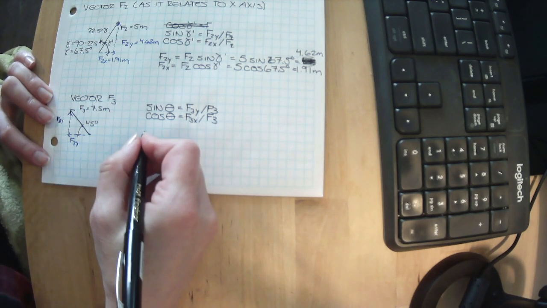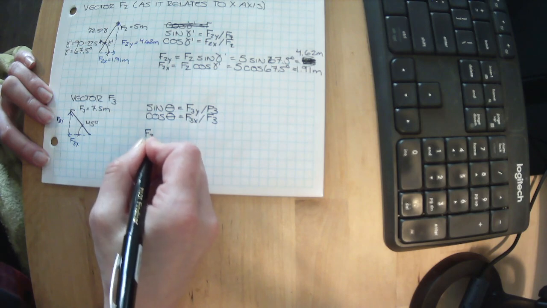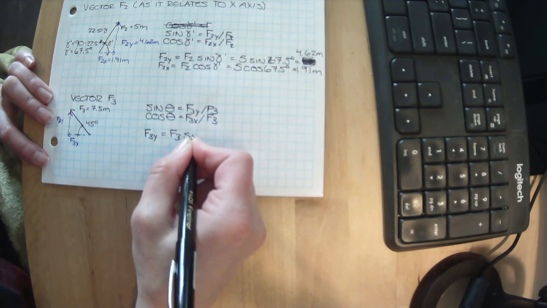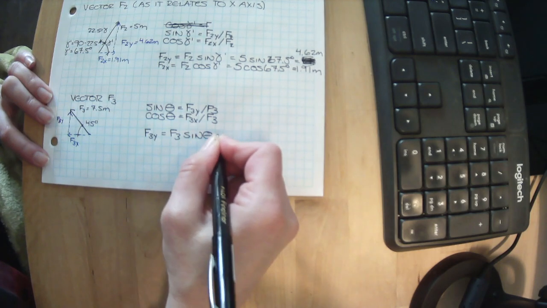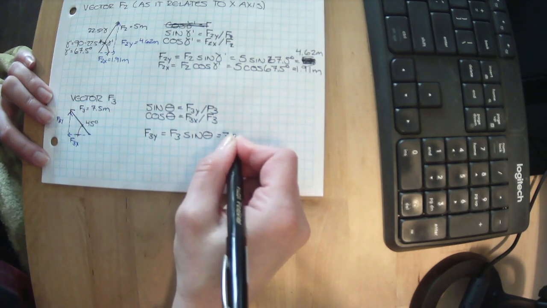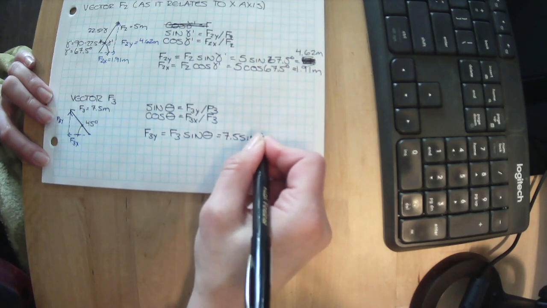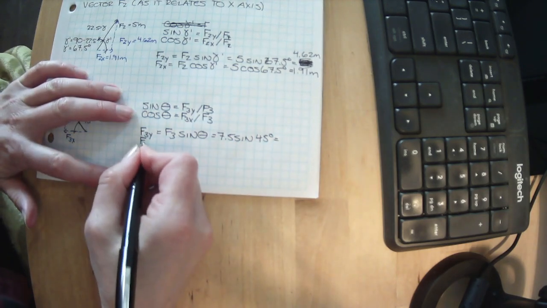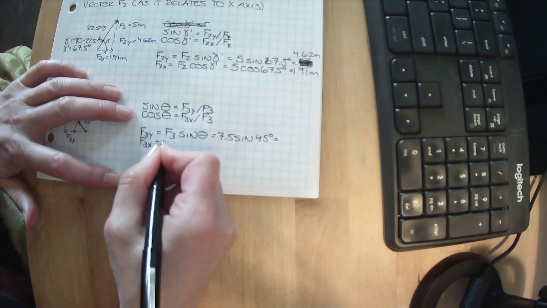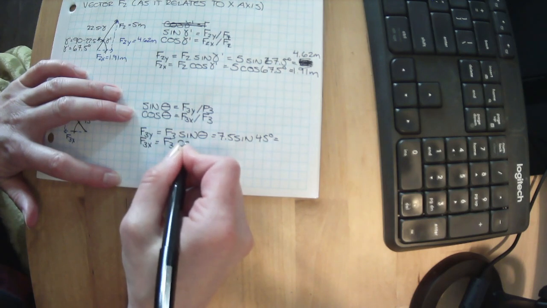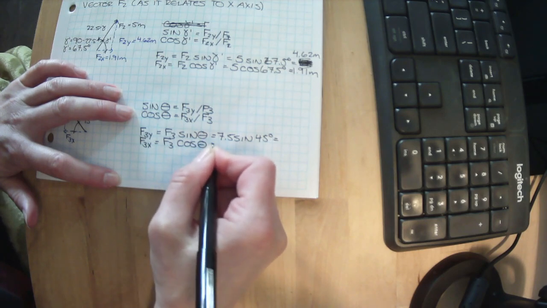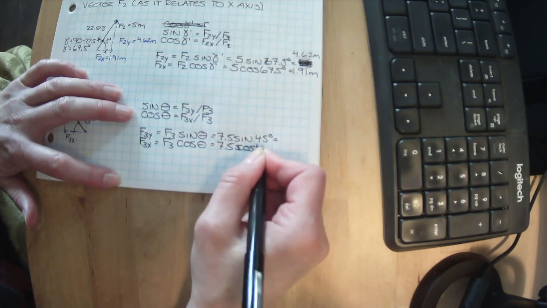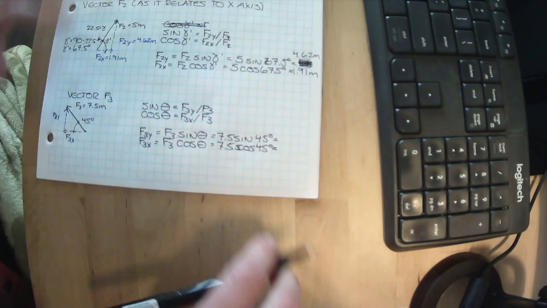So we can rearrange these so that F3y equals F3 times the sine of our angle, or 7.5 times the sine of 45 degrees. And F3x equals F3 times the cosine of our angle, or 7.5 times the cosine of 45 degrees.